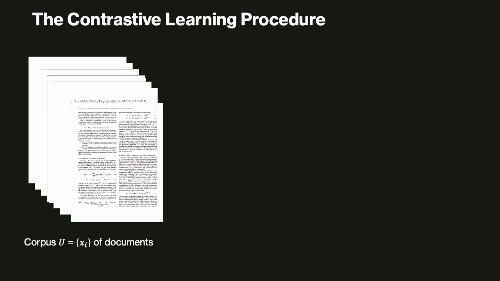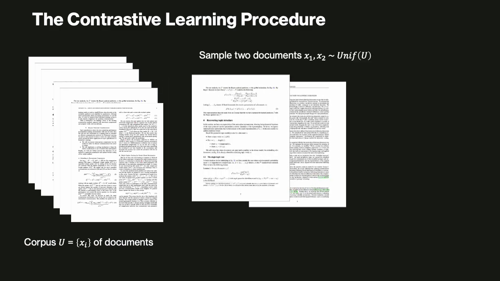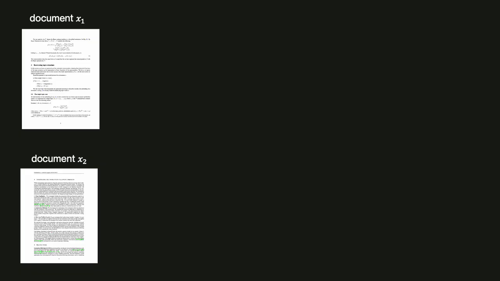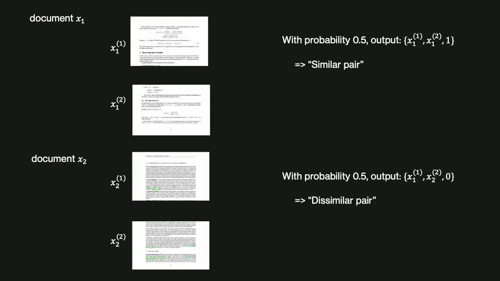And so first, we have a corpus U of documents, and we sample two documents, x1 and x2, uniformly from this corpus. So given these two documents, 1 and 2, the authors next split each document into halves, and with a probability of 0.5, we choose the top and the bottom of the same document as an entry for a positive pair.